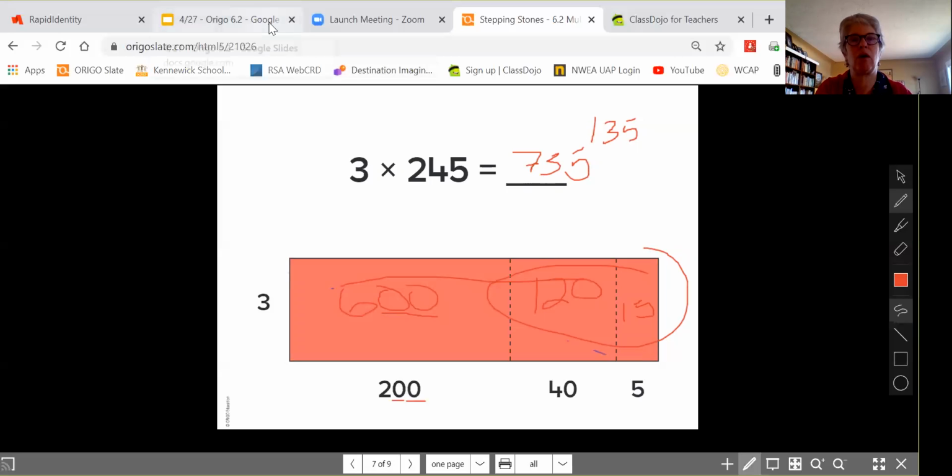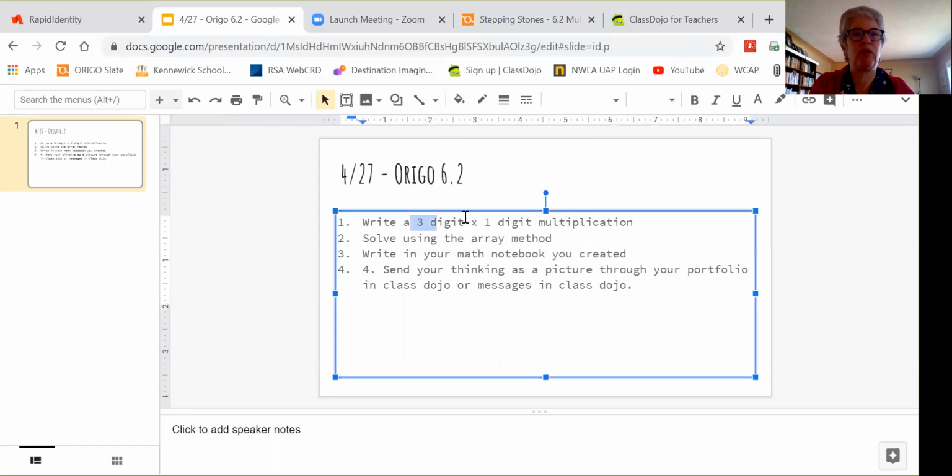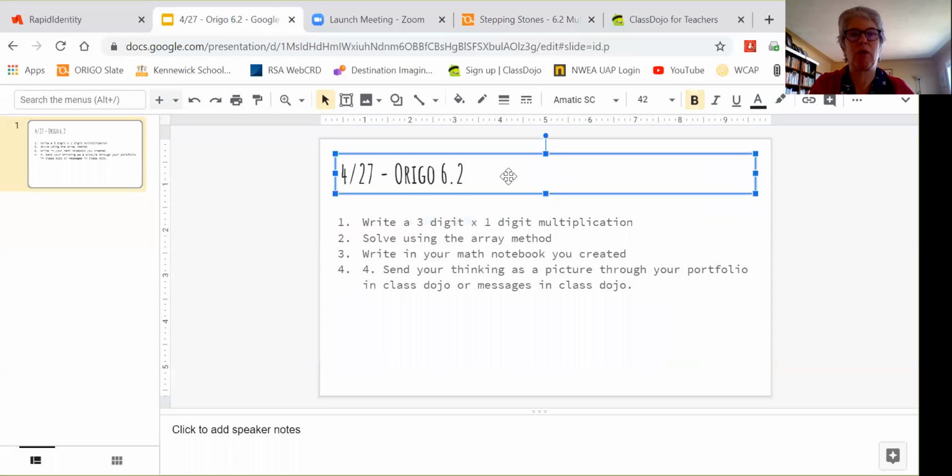And I've got it here on a slide. So what I'd like you to do in your math notebook is write the date, and it's Origo 6.2. I've written out the directions so that you can go back and look at this again. I'd like you to write down a 3-digit times a 1-digit number.